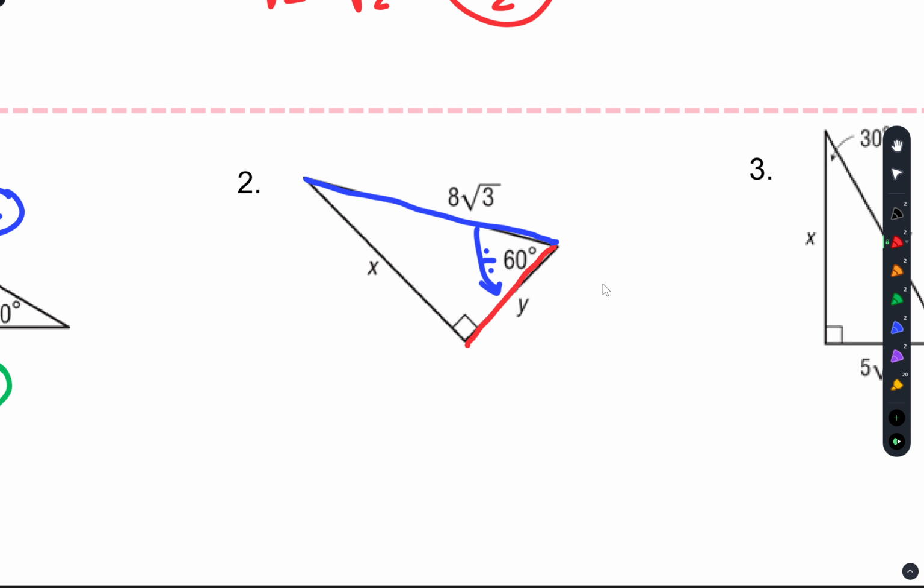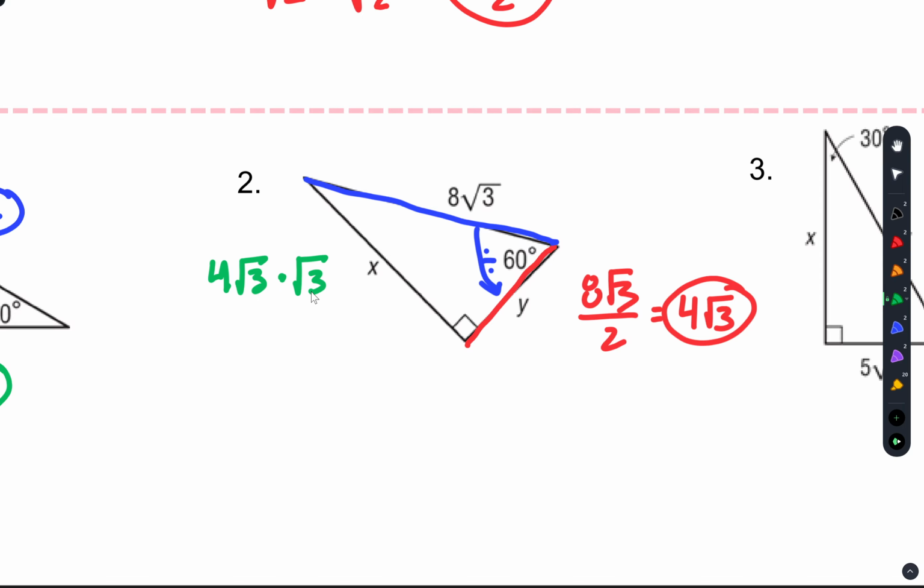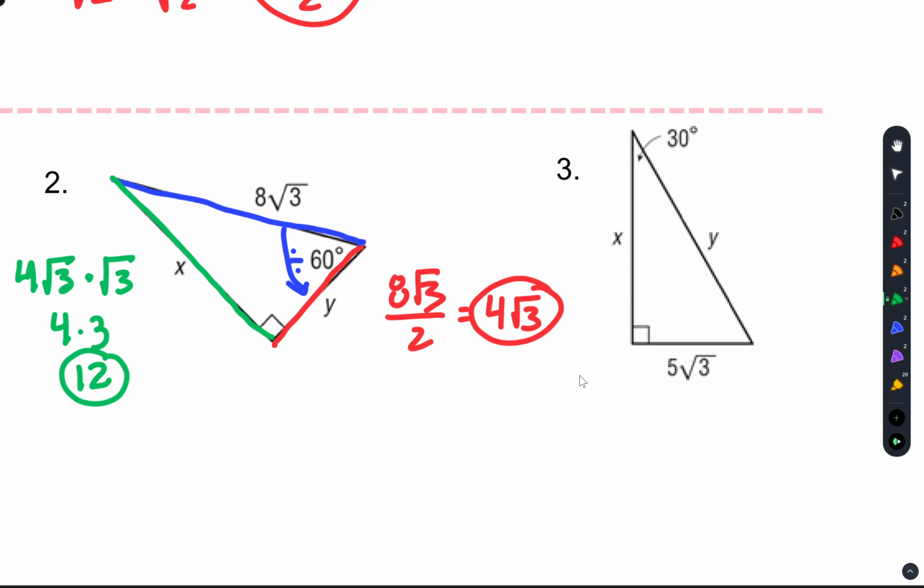So 8 radical 3 divided by 2 simplifies to 4 radical 3. And now to get from that short leg to the long leg, I'm going to multiply by radical 3. 4 radical 3 times radical 3. Radical 3 times radical 3 is 3. So that value is 12. Any questions on those? Well, let's keep going.